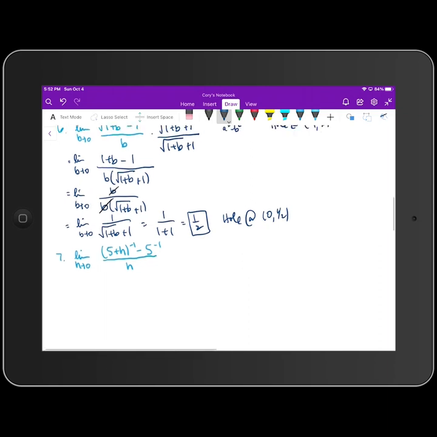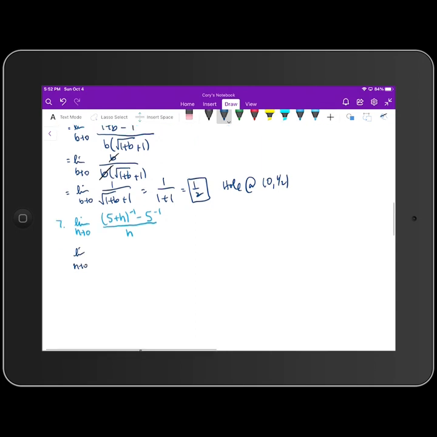So this is going to become the limit as h goes to 0. 5 plus h to the negative 1 power is the reciprocal of 5 plus h, so that's 1 over 5 plus h, minus 5 to the negative 1 power, which is 1 over 5. And then we are dividing that by h. We have a lot of practice with this. We have a complex rational expression here.